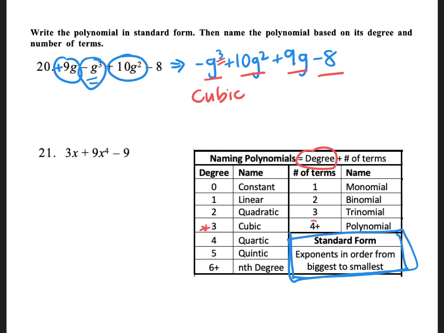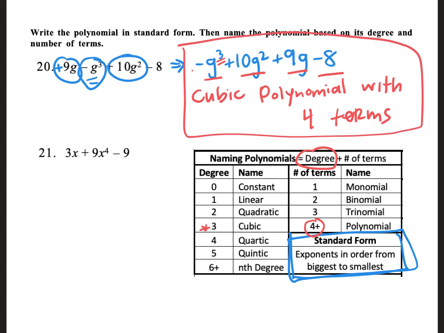So if I look at the number of terms, anything with 4 or above is called a polynomial. So this is going to be a cubic polynomial. I think on your multiple choice test, it says something like a cubic polynomial with 4 terms, because it had 4 parts. So after your polynomial, you can just tell me how many parts it would have. But these are your answers. So that's it in standard form, and then a cubic polynomial with 4 terms.